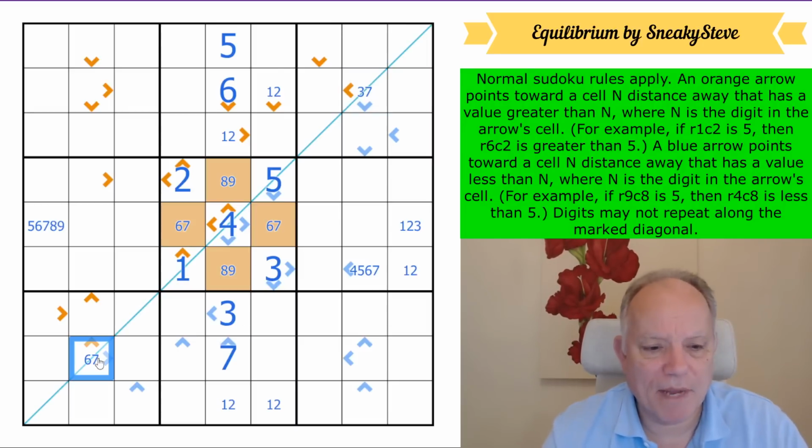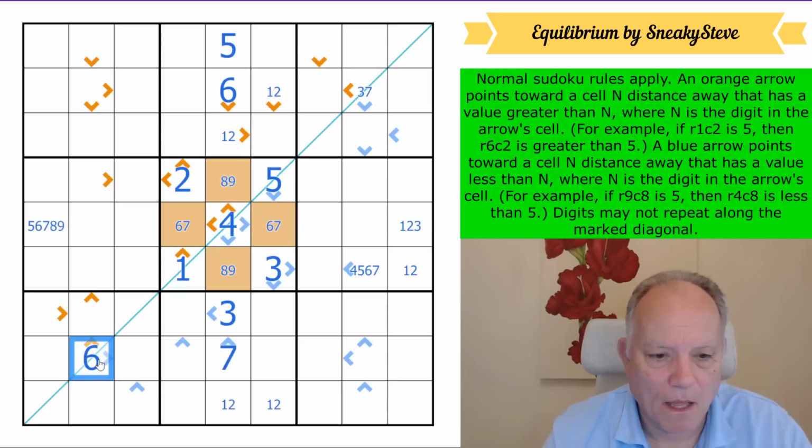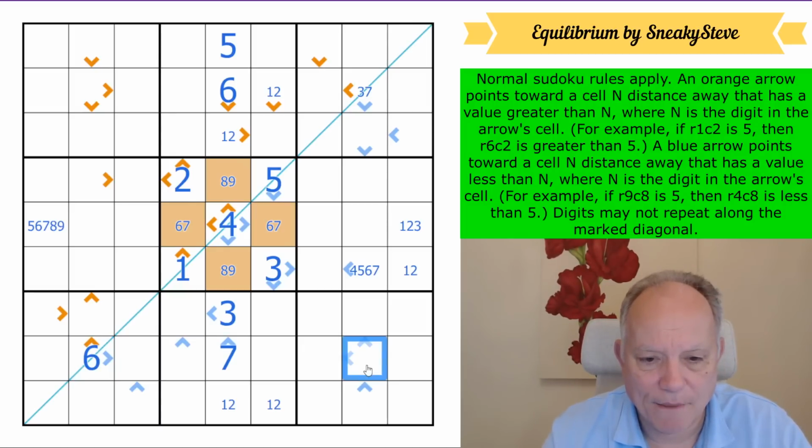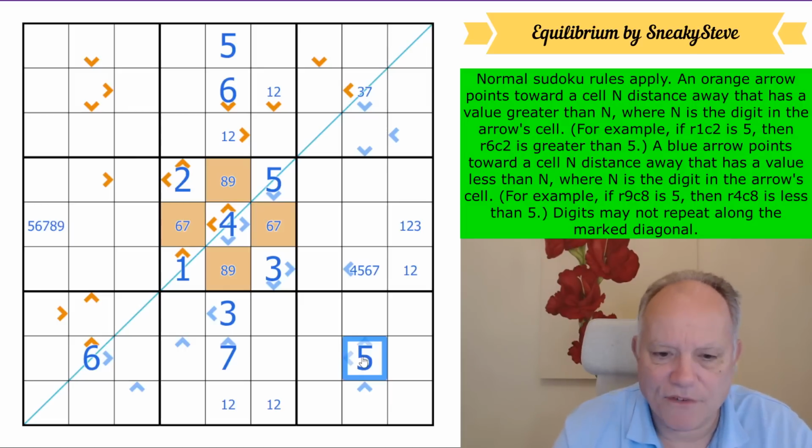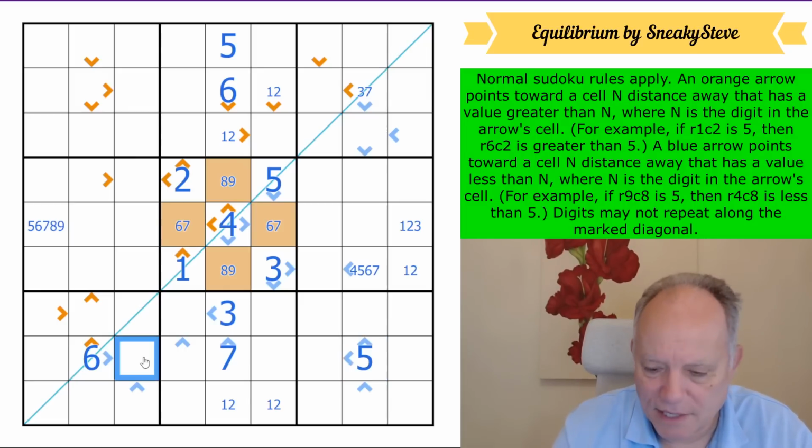Now, 7 has made this into a 6. That is pointing here. And I think it's probably still right. This can't be a 1 because you can't have a lower number. It can't be 2, 3, or 4 because that would be pointing at places which can't have 1, 2, or 3 in. So that is a 5, pointing at a cell that is lower there.